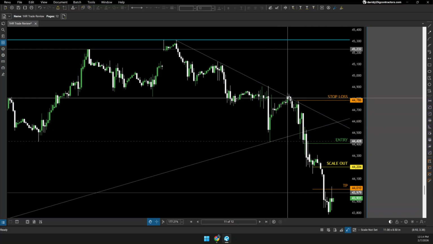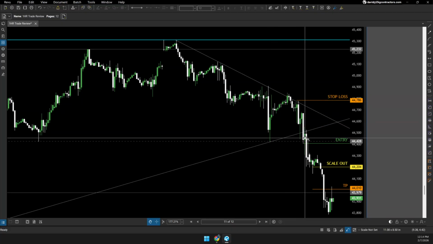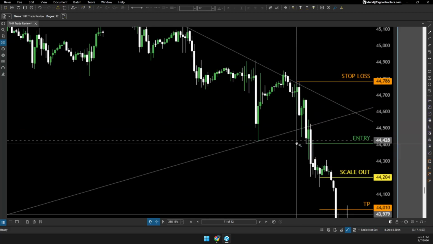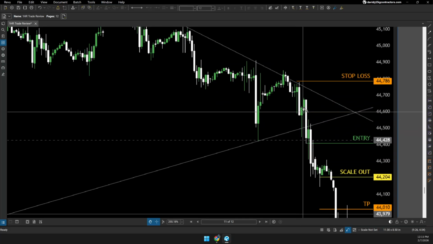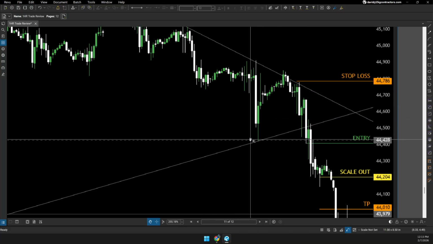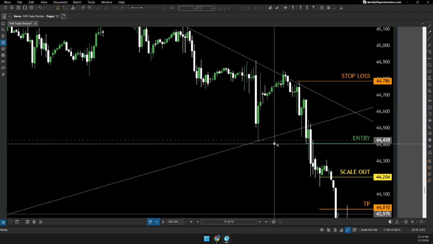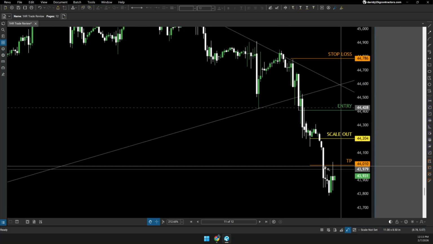It came up, and then it worked its way. It broke the trend line here. This candle broke it, and it pulled back, came up, and so now, because this is a support level, I want to get in at the bottom of the support level, and I get in, and I have a TP, take profit, right here.